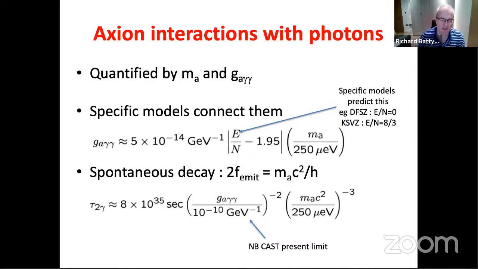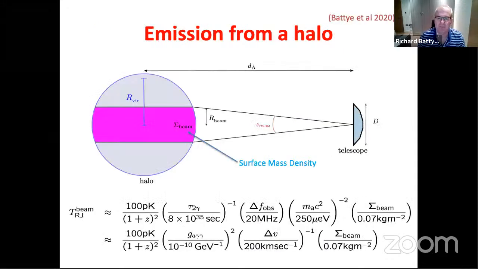But it is actually emitted not from the neutral hydrogen, but from the dark matter itself, if the dark matter is made from axions. By almost adapting the calculations that we used for 21 centimeter intensity mapping, we can work out, for a dark matter halo whose amplitude is parameterized by the surface mass density, sigma, what brightness temperature we'd expect to detect.